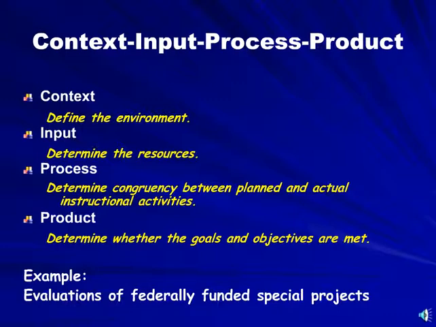The second phase is input, and that's where we do a real careful study of all of the resources. We need to make sure that we're putting enough resources into the program and those resources are being directed in the right way if we're going to tell whether the program is working the way it's supposed to or not. Next, we look at the process, the way decisions get made, whether we've got a match between what was supposed to happen and what's actually going on.